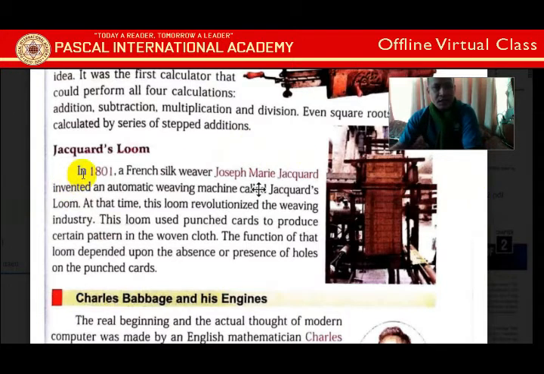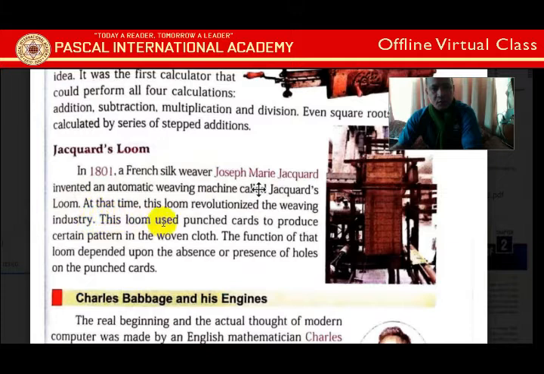Let's read it. In 1801, a French silk weaver, weaver means who weaves, who makes the clothes, Joseph Marie Jacquard invented an automatic weaving machine called Jacquard's loom. At the time, this loom revolutionized the weaving industry.